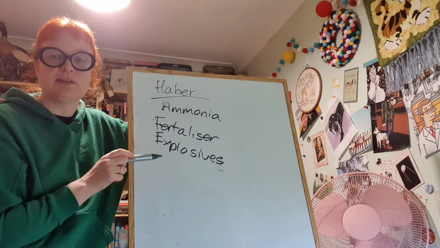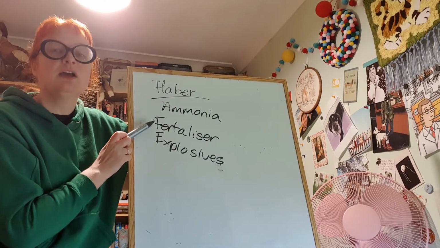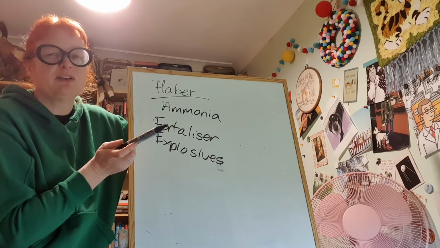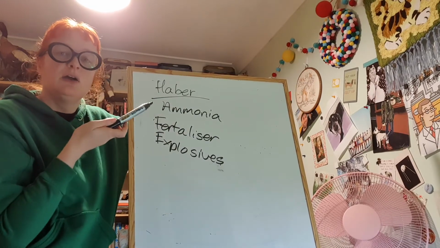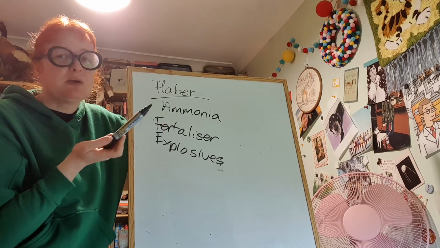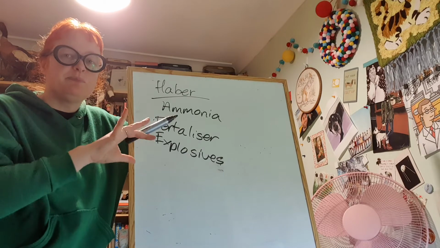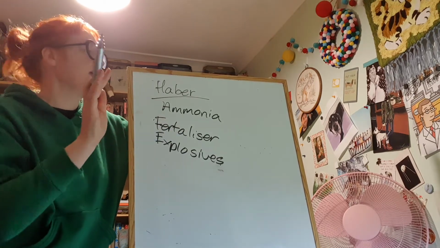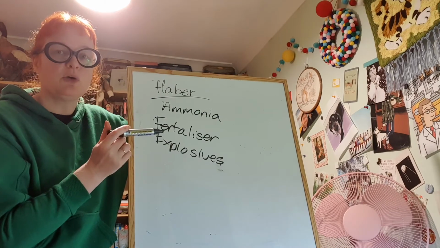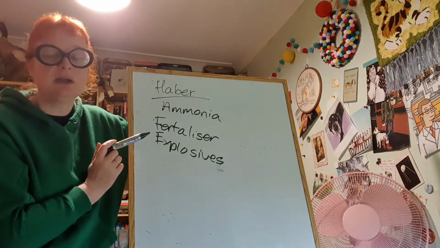So fertilizers, why is that useful? Well, I think it's called the Green Revolution or something. Less use of animal waste, and it means we can industrialize our farms much more. So at the beginning of the 20th century, we have these new fertilizers and we can start making a lot more of our crops. Second one, explosives.